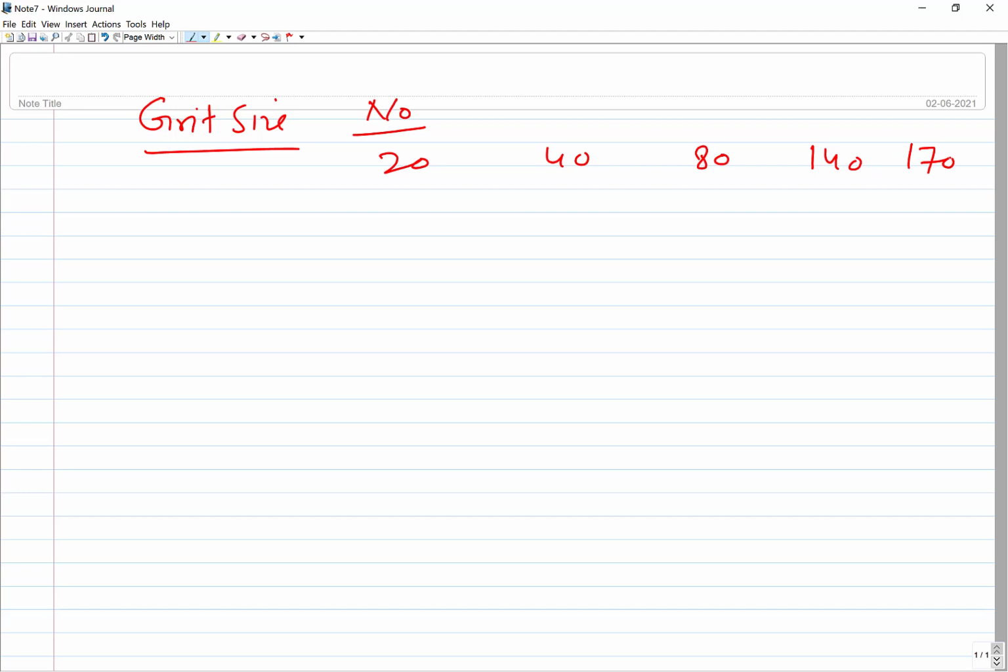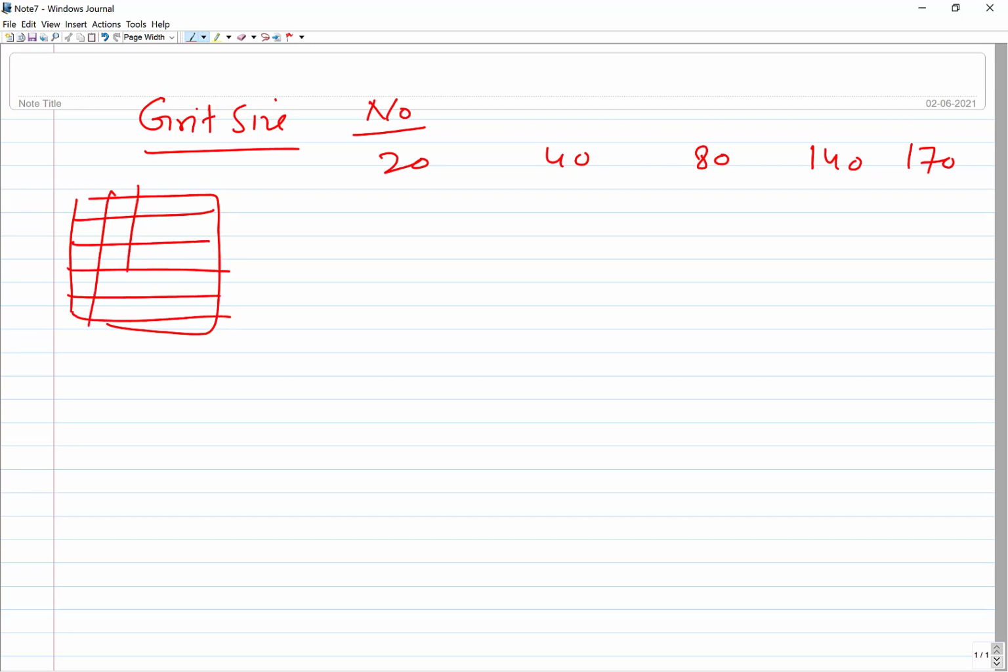Grit size basically indicates the mesh size which has been used for screening the abrasives. So in 1 square inch area, how many meshes are there?